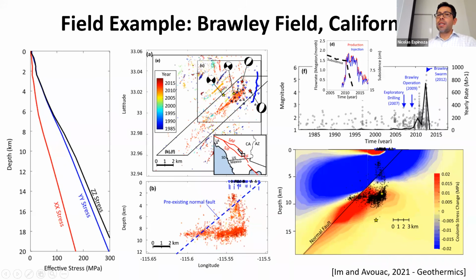In this field, they observed that with production and injection, they started to see a significant increase in the rate of subsidence. And also, they started to see quite a bit of seismic activity. Actually, that's a little bit better seen in this plot here on the right. They started drilling, start operation, not much induced seismicity yet, but after some time, they see a big increase in seismicity, and they also see that this cluster of seismicity is mostly aligned with the pre-existing fault, a large fault.